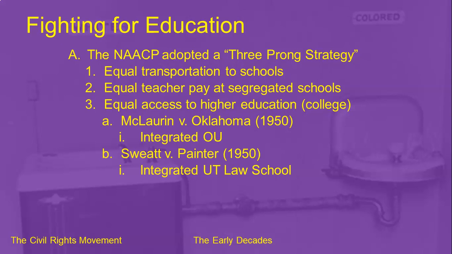And so the state of Texas decided that they would create a law school at Texas Southern University, which was one of the segregated universities. However, because of the timing and how the Texas state legislature works, they would create the law school, but there was no funding for it, for books or professors.